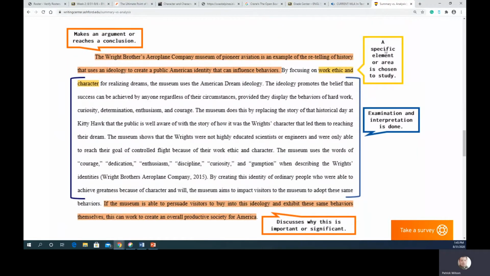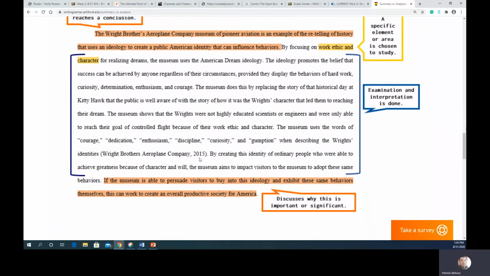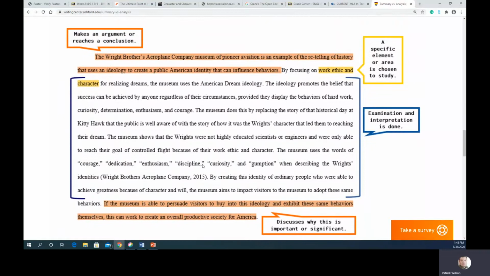We have a specific element or area chosen to study here in the yellow, right? Worth, ethic, and character. And then we look here, this big chunk is interpretation and examination. And we have quotes throughout the piece. Now, this MLA style is a little different. I think they're using APA, so be careful of that.